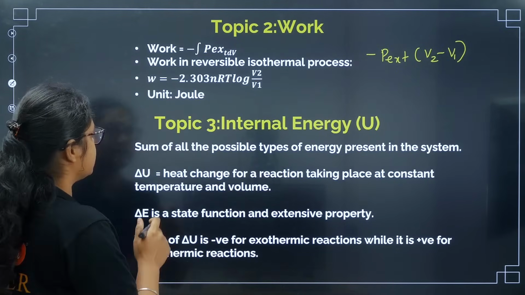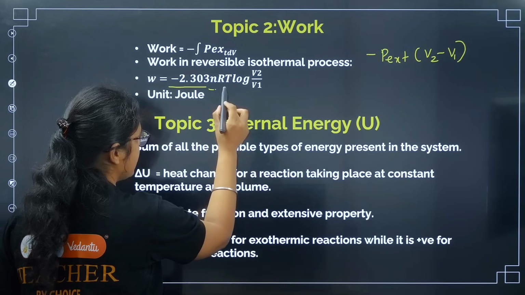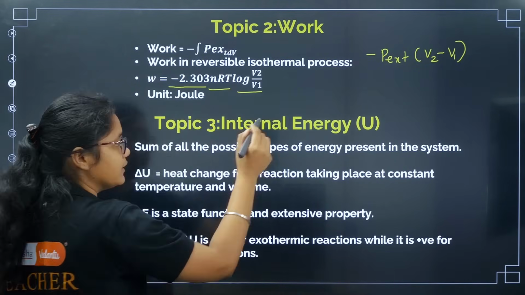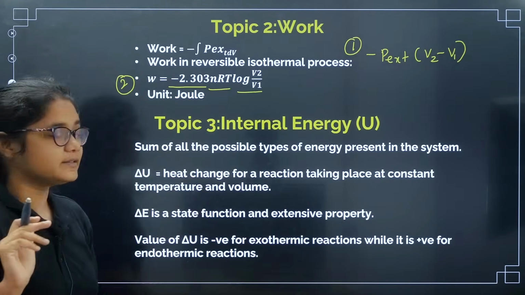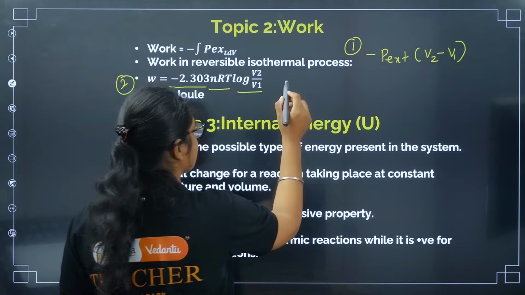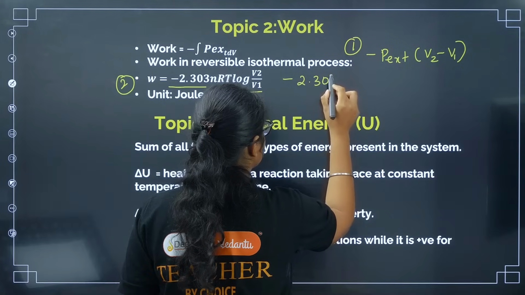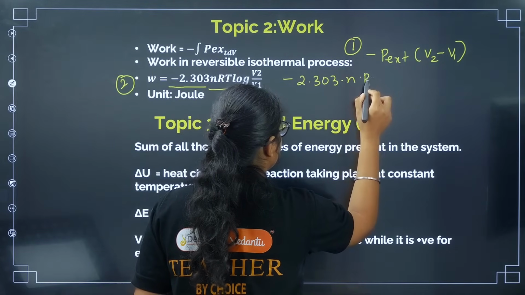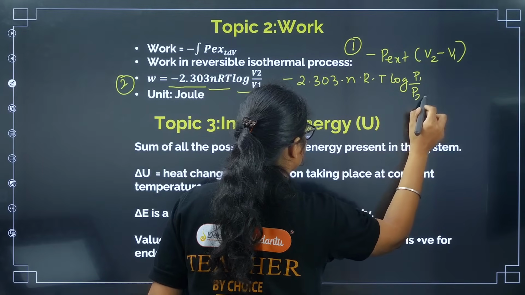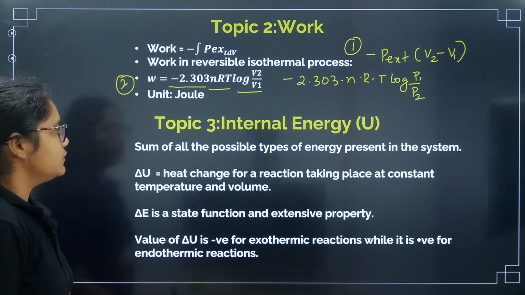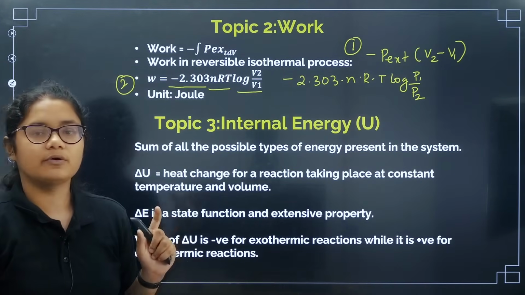Then the work done formula is equal to minus 2.303 nRT log of V2 by V1. First formula, second formula, very important. Okay, this formula is very important. Here we can also write this as minus 2.303 nRT log of P1 by P2. So this is the formula from where the majority of the questions are asked.